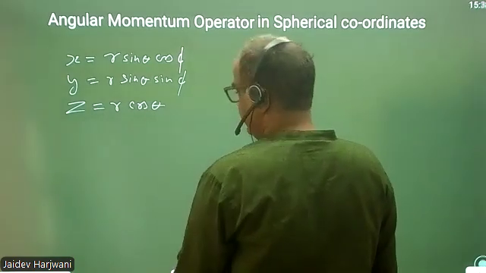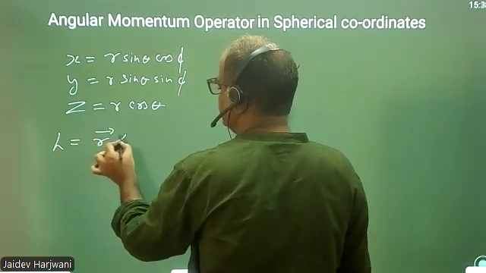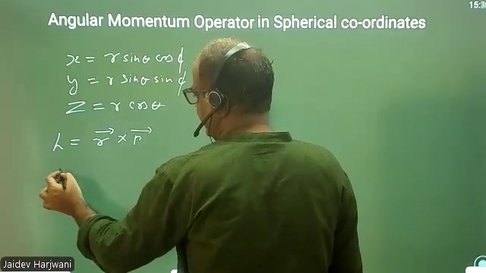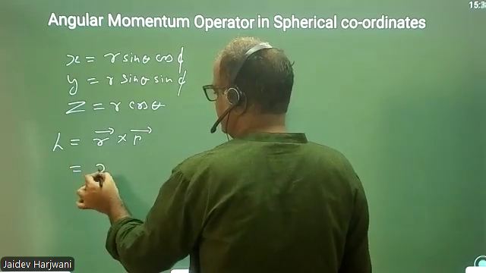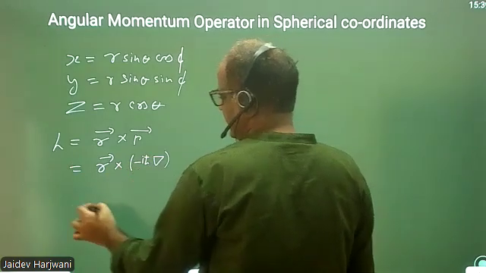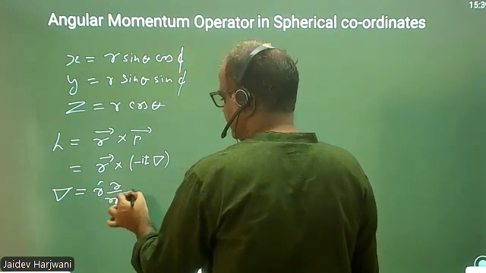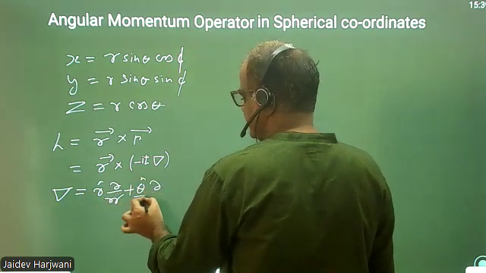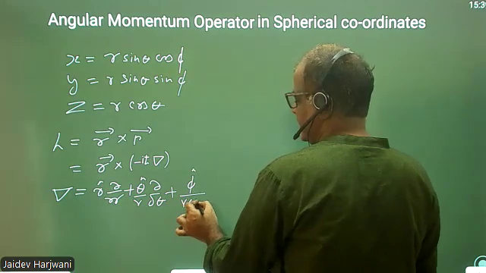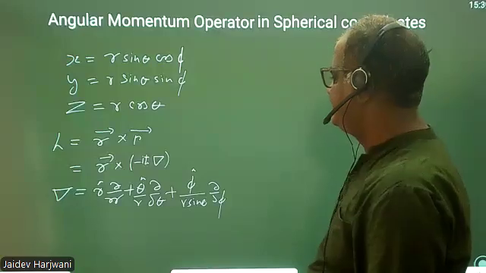We know that L is r cross p, and p is −iħ∇, where the del operator I can write as r̂ ∂/∂r + θ̂ (1/r) ∂/∂θ + φ̂ (1/(r sinθ)) ∂/∂φ. This is my del operator.